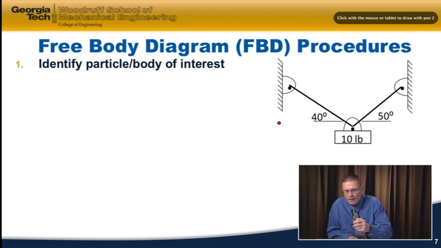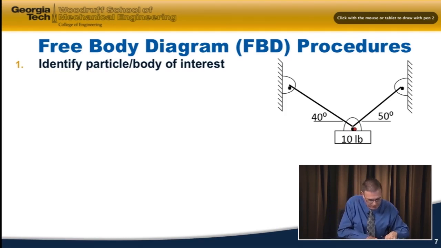In this case, we have this point right here in which we have a tension of the cable acting up to the left at a 40-degree angle, and we have another tension in this cable acting up to the right at a 50-degree angle, and then we have a weight down of 10 pounds. The body or particle of interest is this point right here, which is the intersection of these forces. And so I'm going to draw that down here.